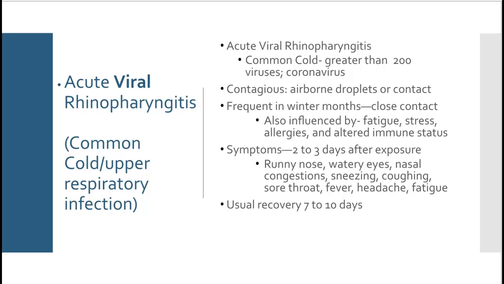It is highly contagious, by airborne droplets or contact, more common in the winter months because of the close contact and closed windows. It's also influenced by fatigue, stress, allergies, and an altered immune status. Symptoms typically appear 2 to 3 days after the exposure, and symptoms are going to be the runny nose, watery eyes, nasal congestion, sneezing, coughing, sore throat, fever, headache, and fatigue.